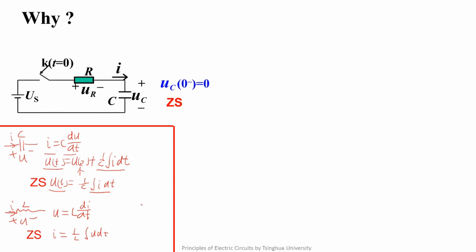For this zero-state circuit, we know uC equals US multiplied by (1 minus e to the power of minus t over tau), in which tau equals RC. In zero-state condition, the relationship between the capacitor voltage and the excitation is linear. Let's verify it.